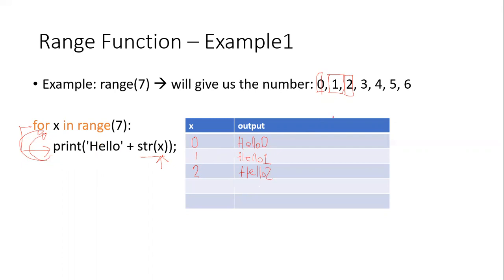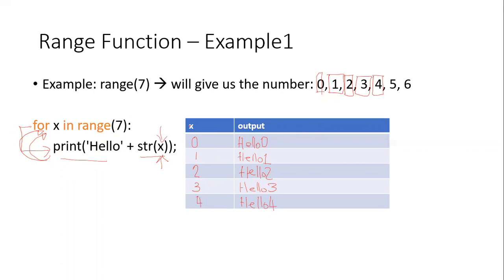Go back up. X now takes on the value 3. It's going to come inside of the loop, execute the print, and it's going to say hello and the value of x, which is 3. Go back up. X now takes on the value 4. And it's going to come inside of the loop, and it's going to print hello and the value of x, which is 4.